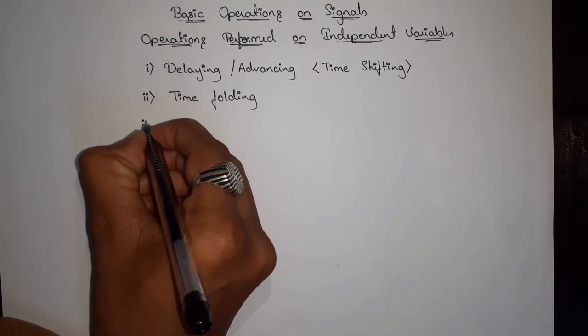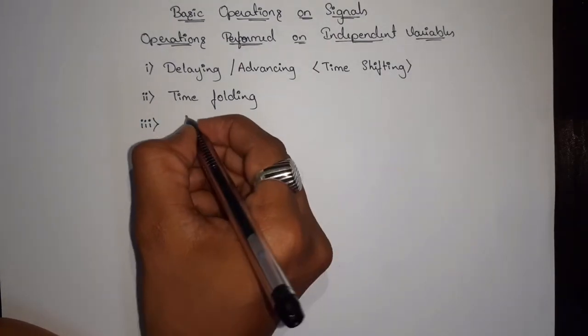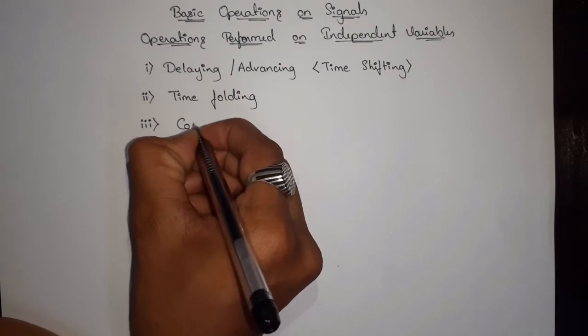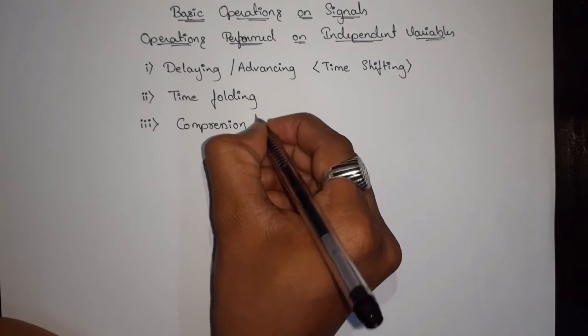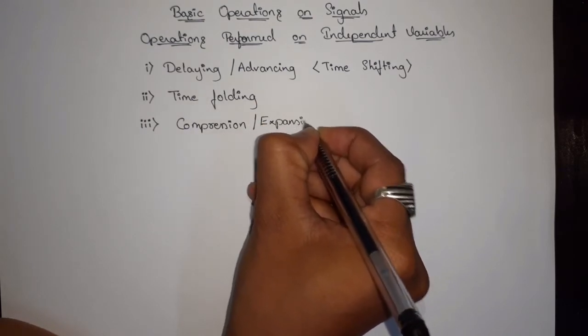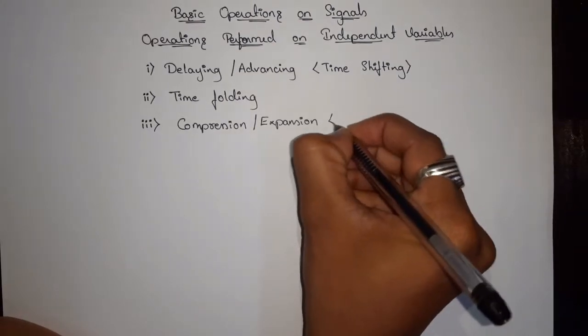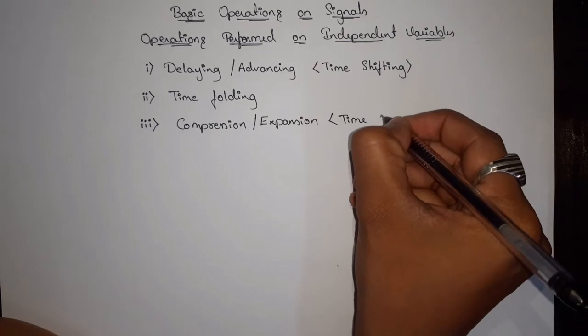And lastly, the third operation that we are going to perform on the independent variable is compression or expansion. Compression or expansion, we call it time scaling.